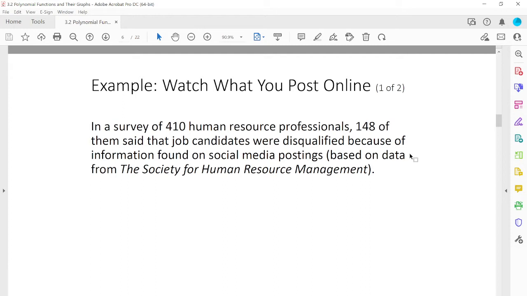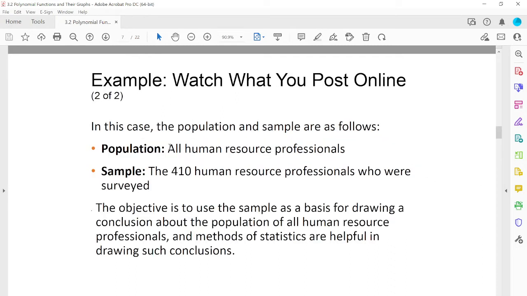One example: watch what you post online. In a survey of 410 human resource professionals, 148 of them said that job candidates were disqualified because of information found on social media postings. This is real information based on data from the Society for Human Resource Management. In this example, the population is all human resource professionals.